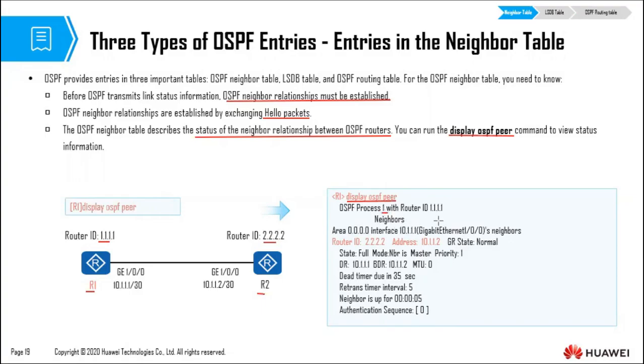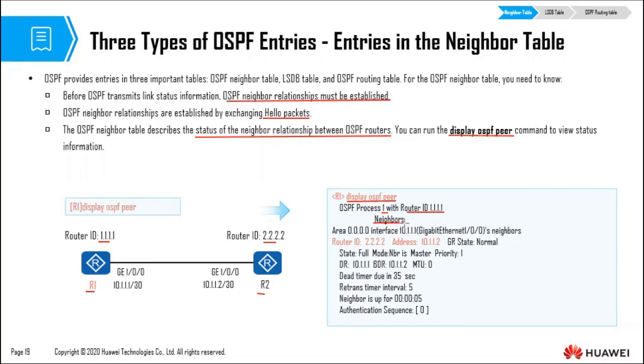You can create multiple OSPF processes, OSPF 2, OSPF 3. So this is OSPF process number 1. And the router ID of this router is 1.1.1.1. Then you see it now displays a list of neighbors.